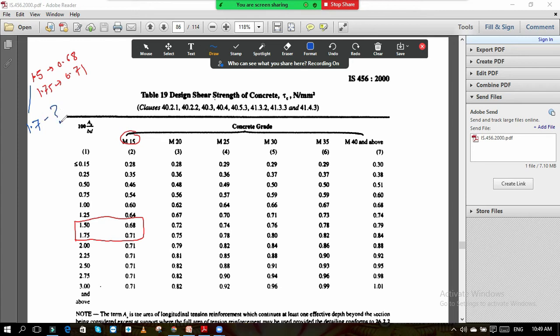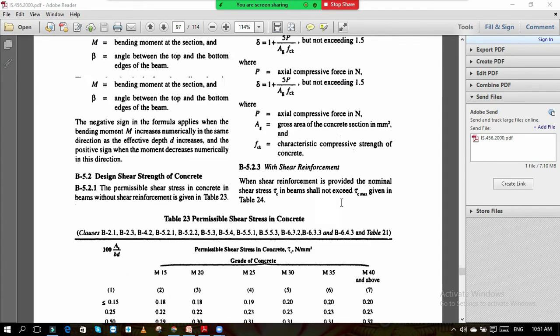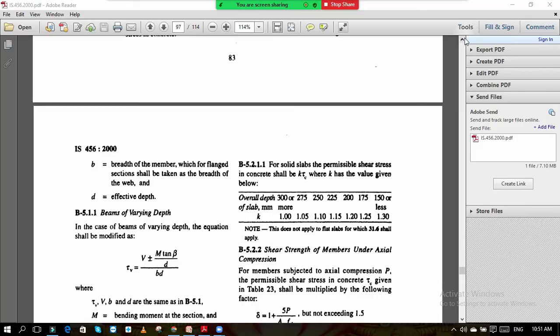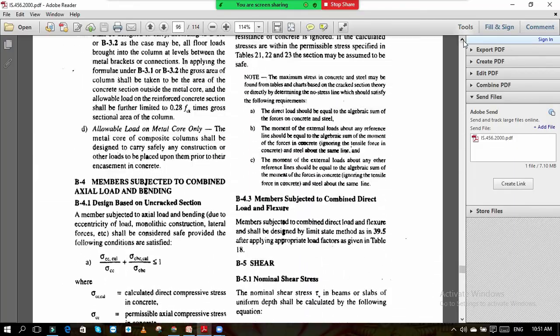So for 1.7, what is the value? Do the interpolation and calculate the value and let me know the value. Okay, and this is your design shear strength, tau c permissible. So write this down so that we will move to the whiteboard. Please calculate the value, let me know the answer.